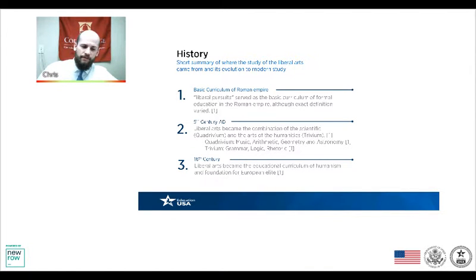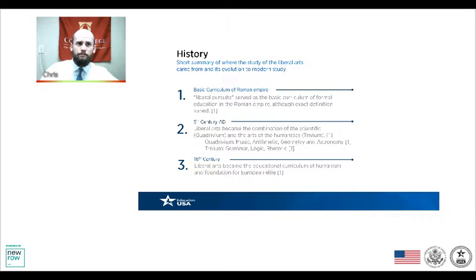Although the definitions of that education, what it included and what types of experiences it involved, varied, it still provided a general basic academic exposure and learning that was covered across that empire.